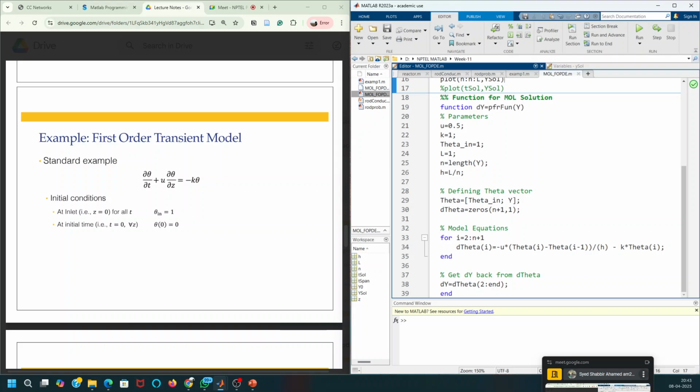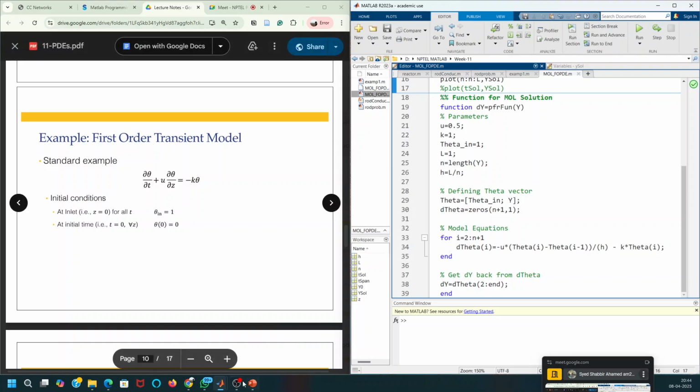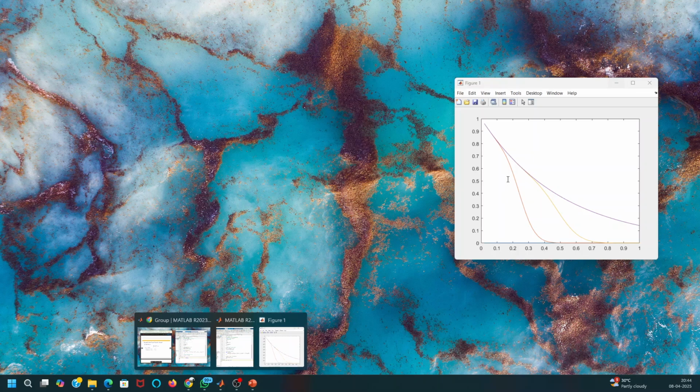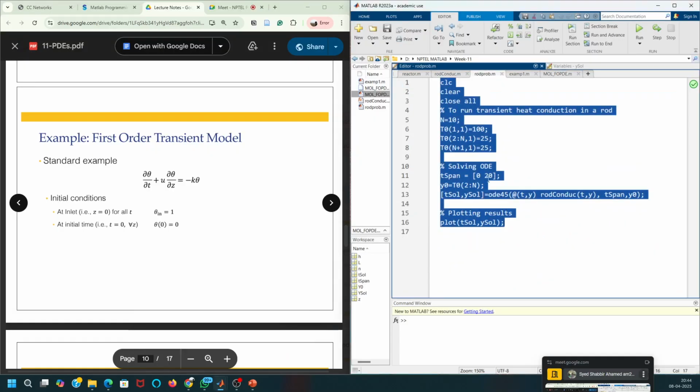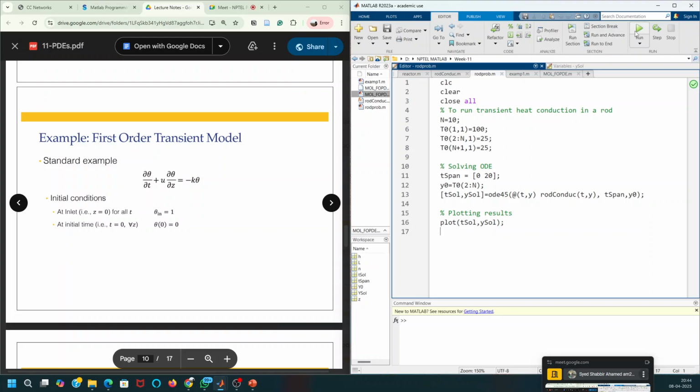We have a similar kind of problem we will see, but I'll just check the last problem we have done.